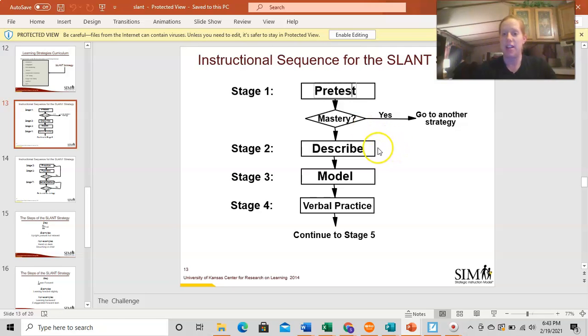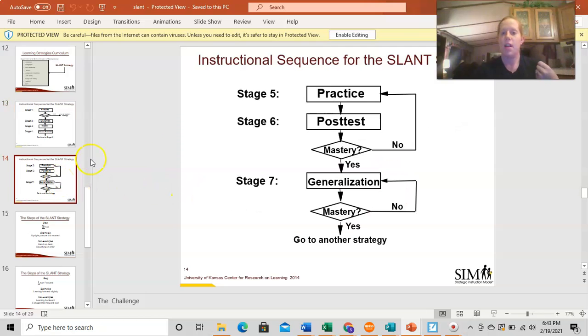If you didn't, then you describe it, you model it, you verbally practice it. After you verbally practice it, then there's a post-test. So did you master it? No? Okay, go back to practicing then. If you did, you go to generalization. Did you master it? Nope. Go back to generalization. If you did, yes. Great. Then you can go on to another strategy.